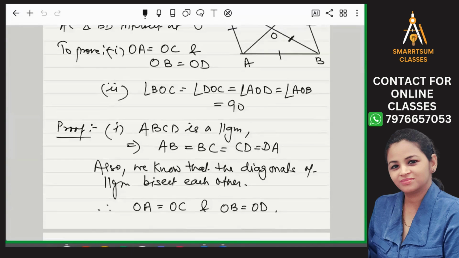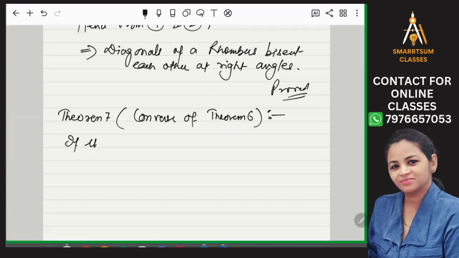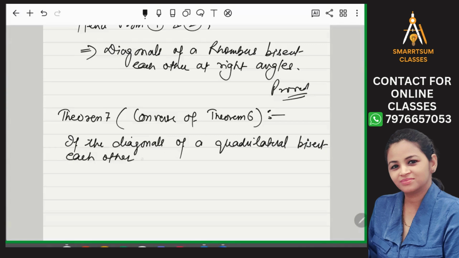Now, the converse of theorem number 6, theorem 7: if the diagonals of a quadrilateral bisect each other at right angles, prove that it is a rhombus.